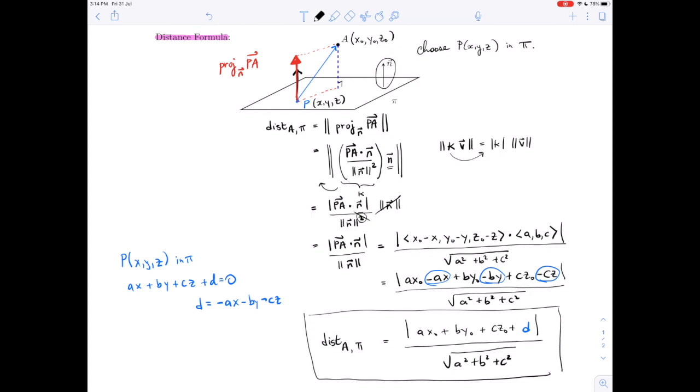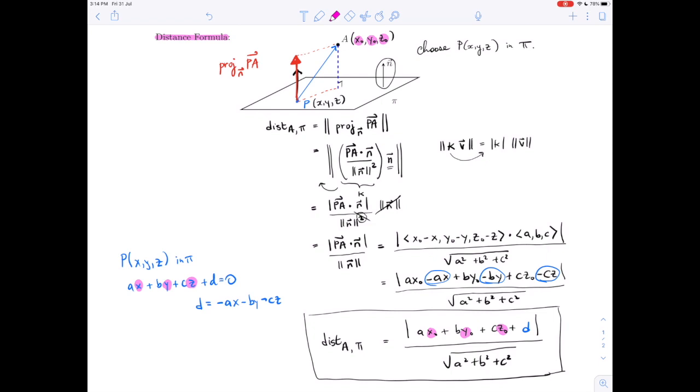So one thing to remark here, and this is not at all what's really going on, but it kind of looks like we took A and plugged it into the plane equation, right? It looks like we plugged it in to the plane equation and then did some stuff in absolute value and divided by some stuff. And that's just a way to maybe remember what that formula looks like. But it absolutely comes from projections and simplification. So that's the standard distance formula from a point to a plane.